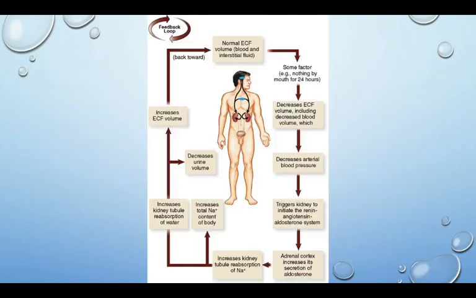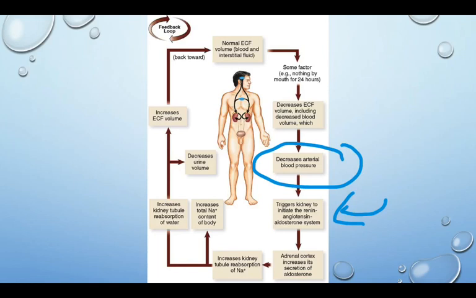All right, so let's move on. Here it is right here. Okay, so study this here. This is a feedback loop. This is going to tell you what happens. Okay, and here is where it says it decreases arterial blood pressure, so it triggers RAS. Okay, that's how it happens.